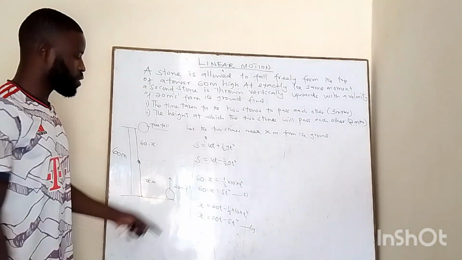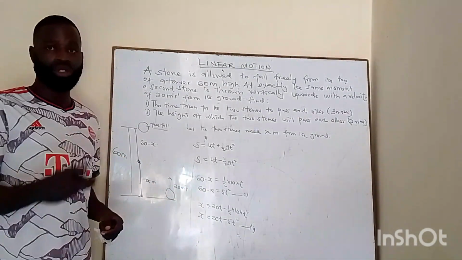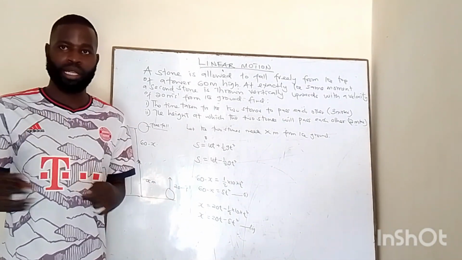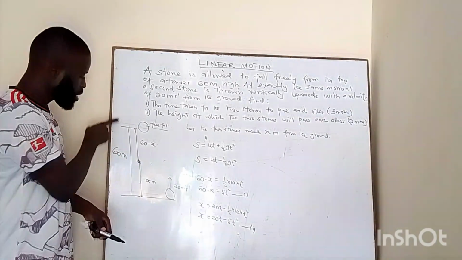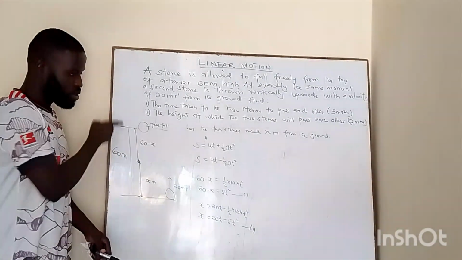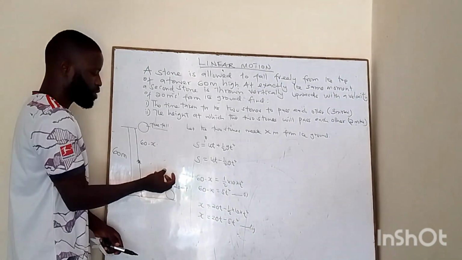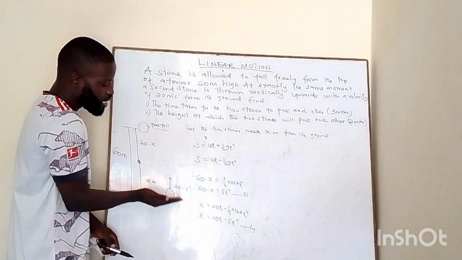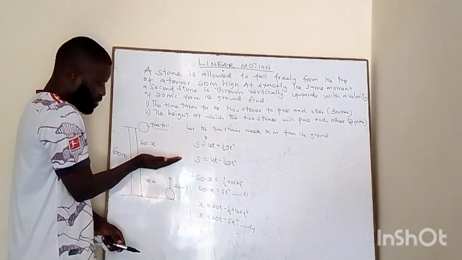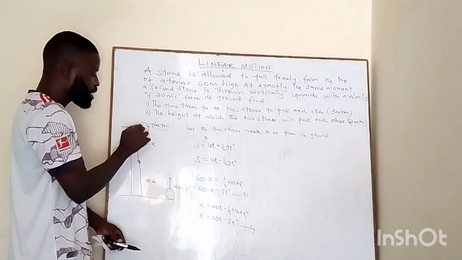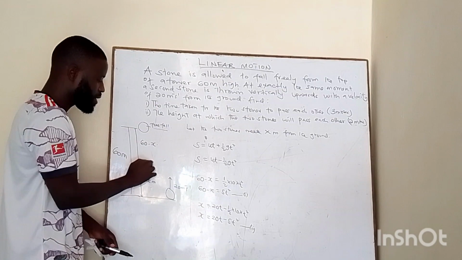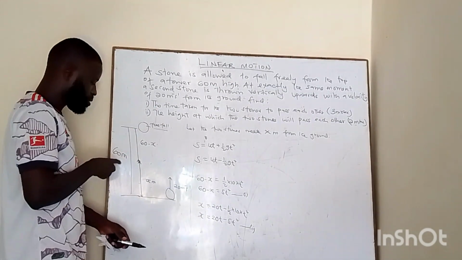So right now I have equation 1 and equation 2. And these two equations are talking about displacement. The total displacement should be 60. So if I take the displacement by the stone that is vertically projected by the time they are meeting, plus the displacement this one has undergone by the time they are meeting, if I add the two, I should get 60.